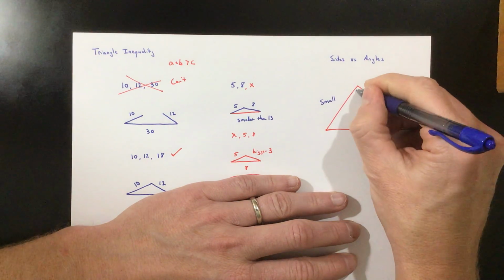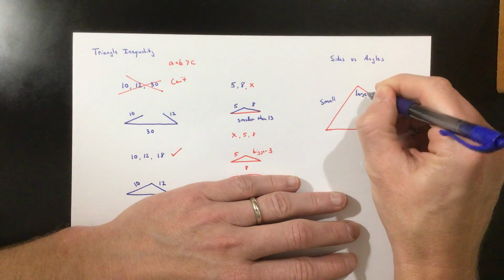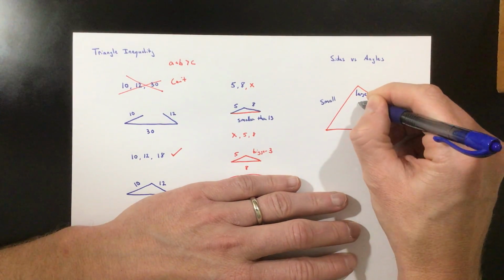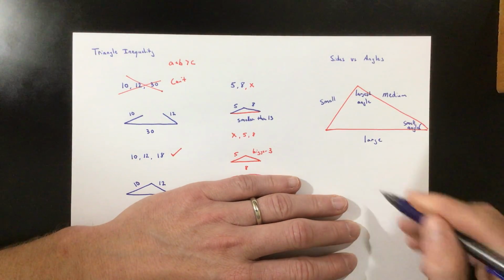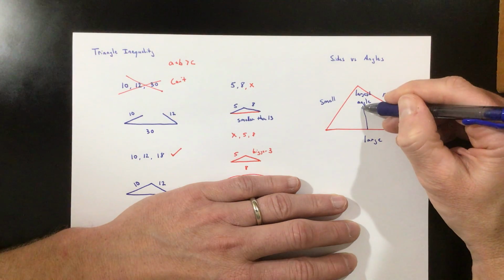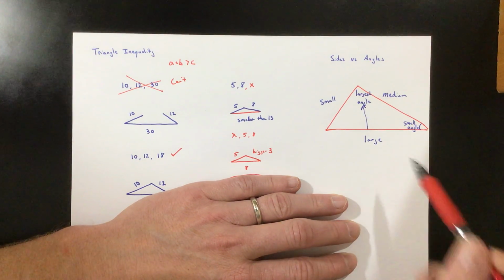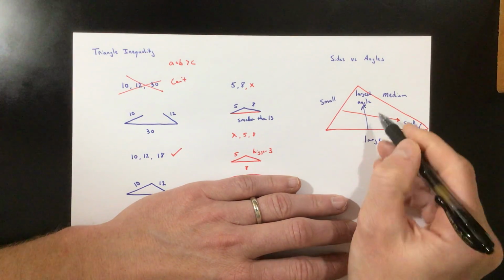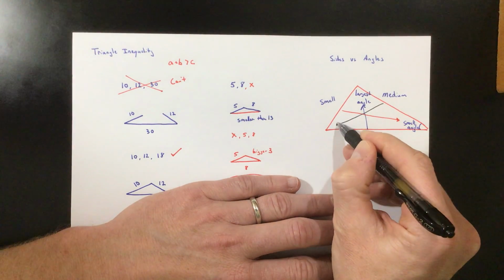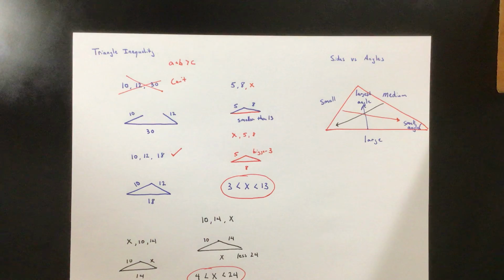The largest angle is across, again, across. Small is across from the small side, and then the medium is across from the medium side.